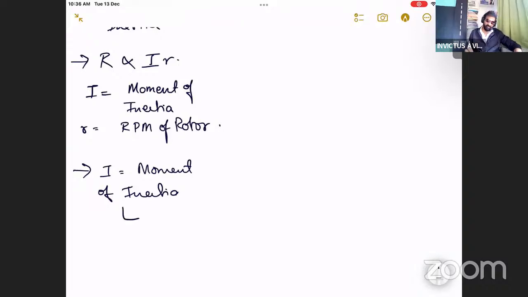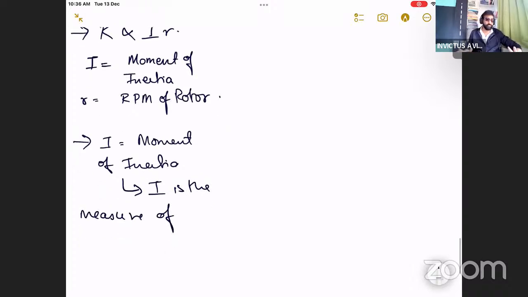Moment of inertia is the measure of, remember, MCQs could be very confusing, students. I'm giving you exactly what they're asking in exams with the logical explanation. Moment of inertia is the measure of how big and how heavy the gyro is.